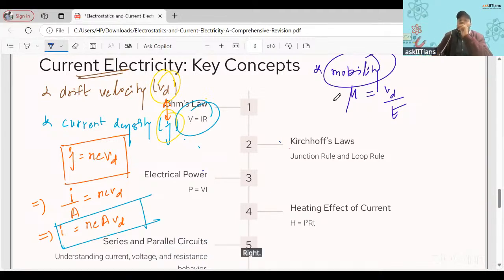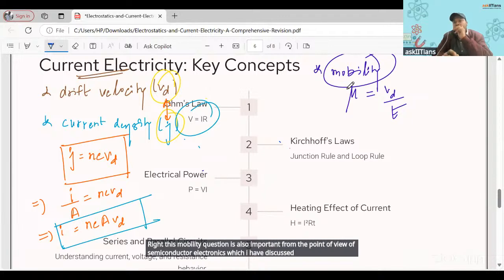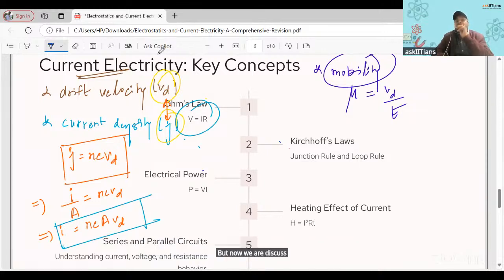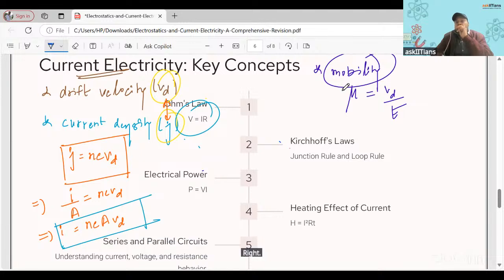This mobility question is also important from the point of view of semiconductor electronics, which I discussed in the previous webinar. There, you need to calculate the mobility of electrons and also of holes. But now we are discussing current electricity in the context of conductors, so we only need the mobility of electrons, because in conductors electrons are the only charge carriers.